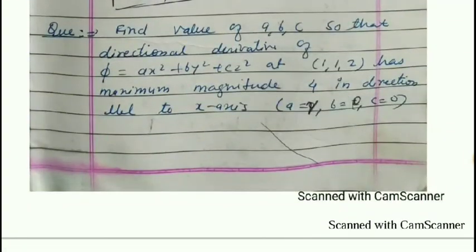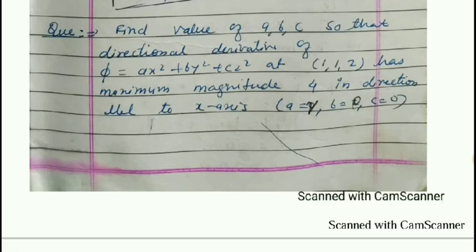Now the next question. Find the values of a, b, c so that the directional derivative of phi equals x square plus b y square plus c z square at 1, 1, 2 has maximum magnitude 4 in the direction of x-axis.